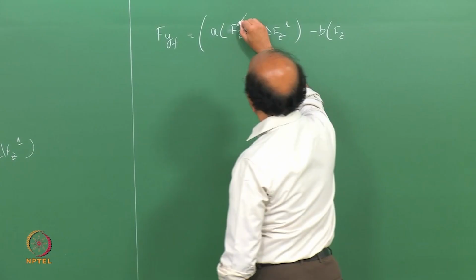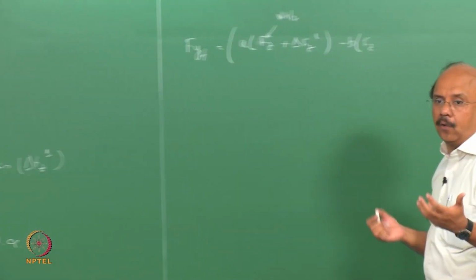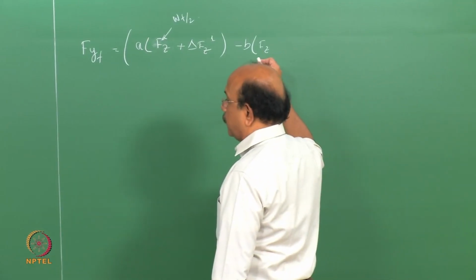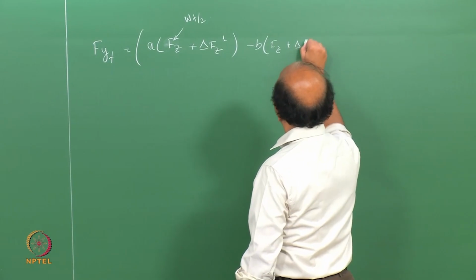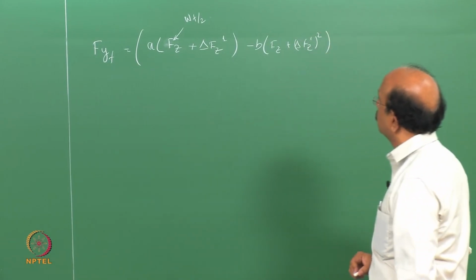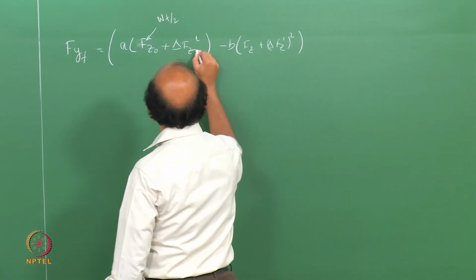Fz is actually Wf by 2, the normal force acting on each of the tires, minus B into Fz plus delta Fz 1 whole squared. That is for the outer, so let me call that the outer tire.